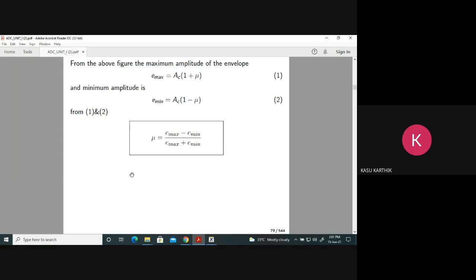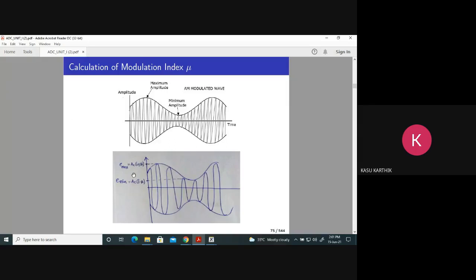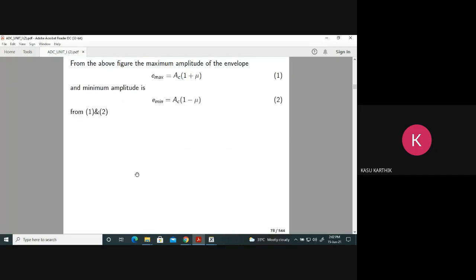In the figure, this is the E maximum and this is the E minimum. This is the maximum amplitude and this is the minimum amplitude.